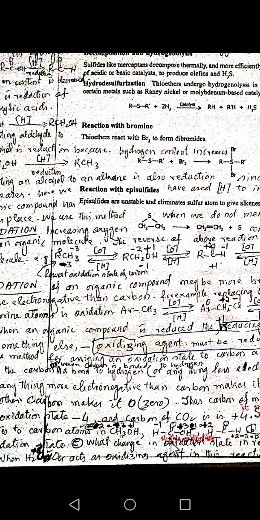And similarly you can calculate the oxidation state of the element in the compound, and then you can understand in which cases the oxidation state is increased and in which case the oxidation state is decreased, or reduction is taking place.